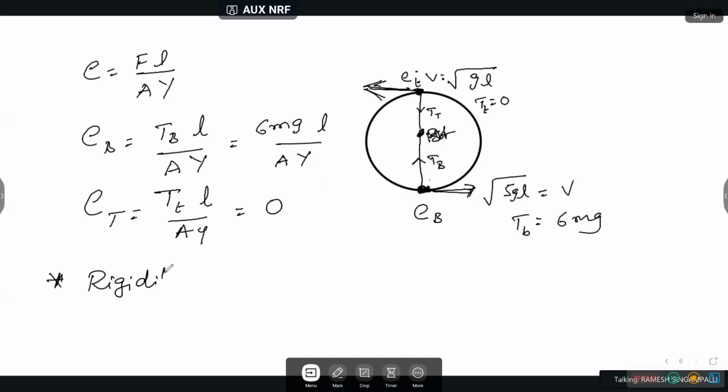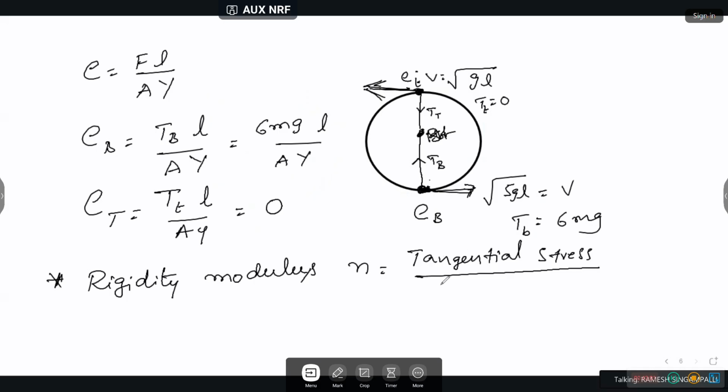Rigidity modulus N is equal to tangential stress by shearing strain, which is F by A into theta.